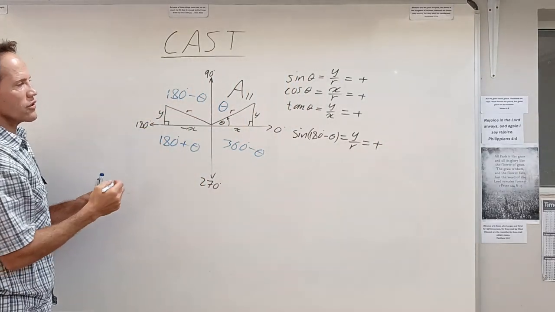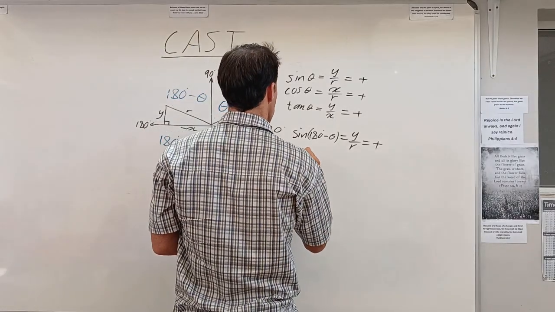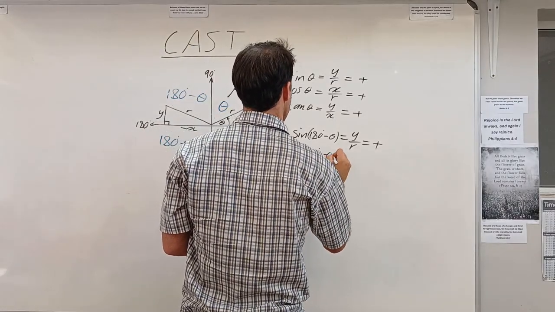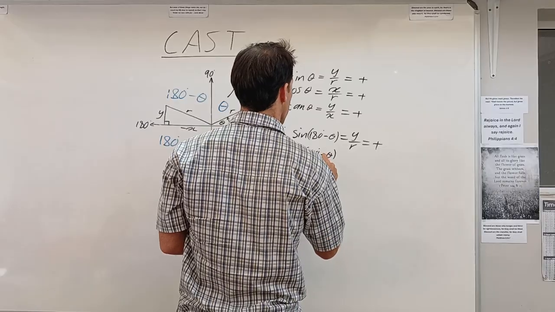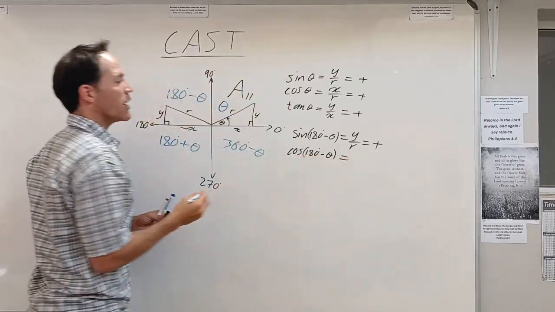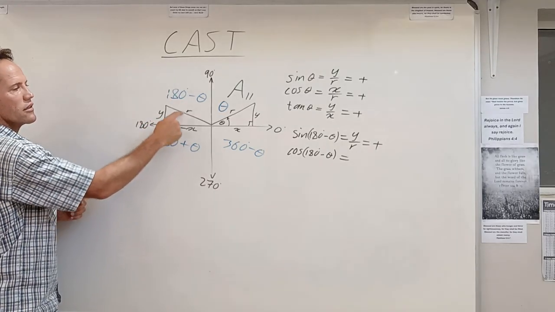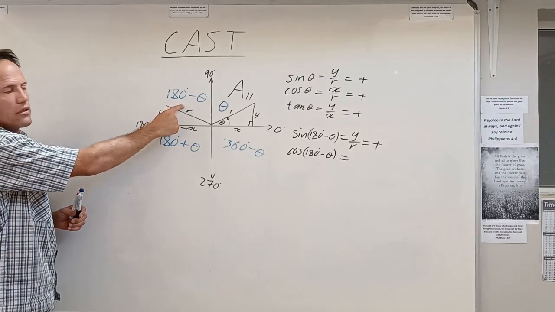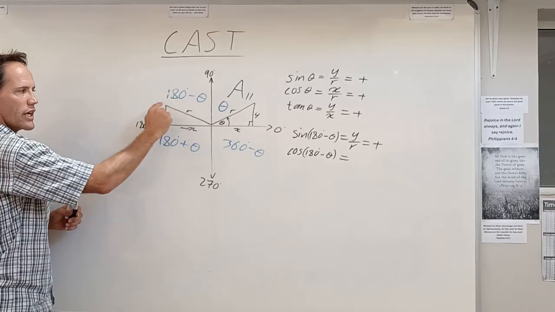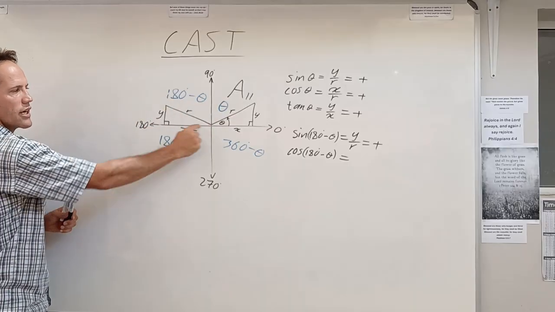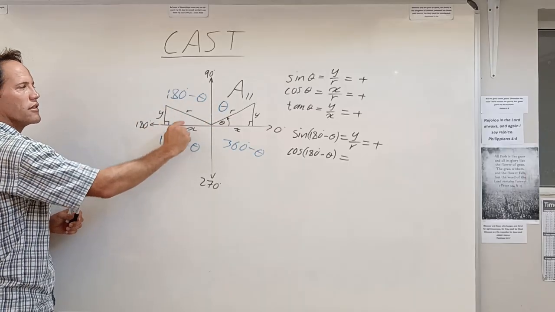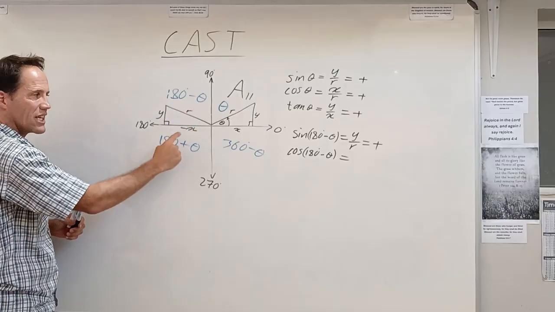But what about cos? If you look at cos 180 minus theta, think about it now. Cos 180 minus theta is adjacent over hypotenuse. I'm looking at this triangle. Adjacent over hypotenuse is negative x over r.